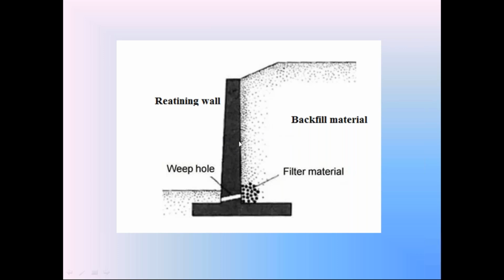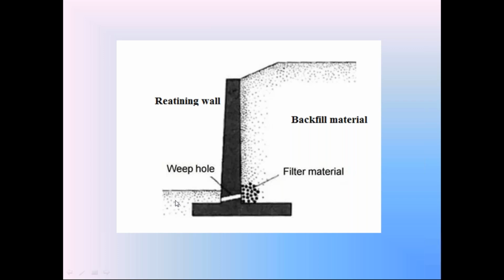Now please watch this diagram. When this retaining wall is moving in the left side direction, it is moving away from the backside soil because of the horizontal movement. And at the same time, it is moving towards the front side soil.